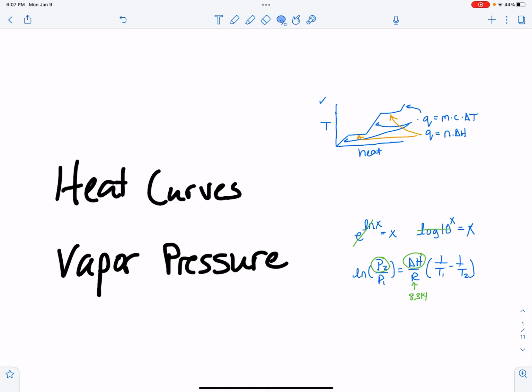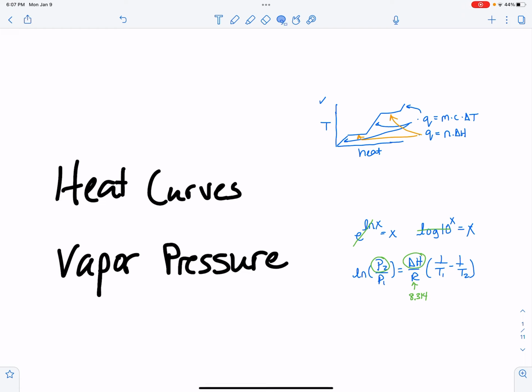And then vapor pressure, right before you get to it, you're going to review some logarithm properties just in case you forgot. You can see that when you do e to the natural log of x, that's the same thing as just saying x. And then also true for the log of 10 to the x. So you're going to review that, and then you're going to look at this equation, and you're going to be able to solve for something inside a natural log right there, or solve for something over here.